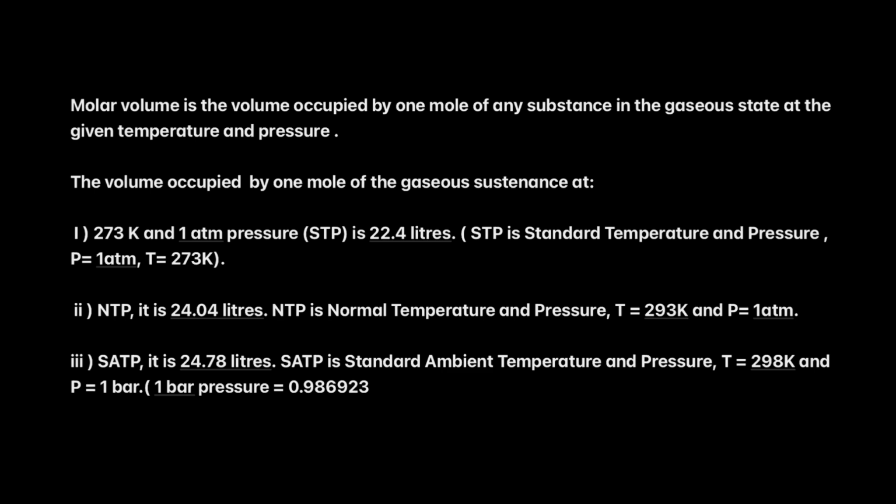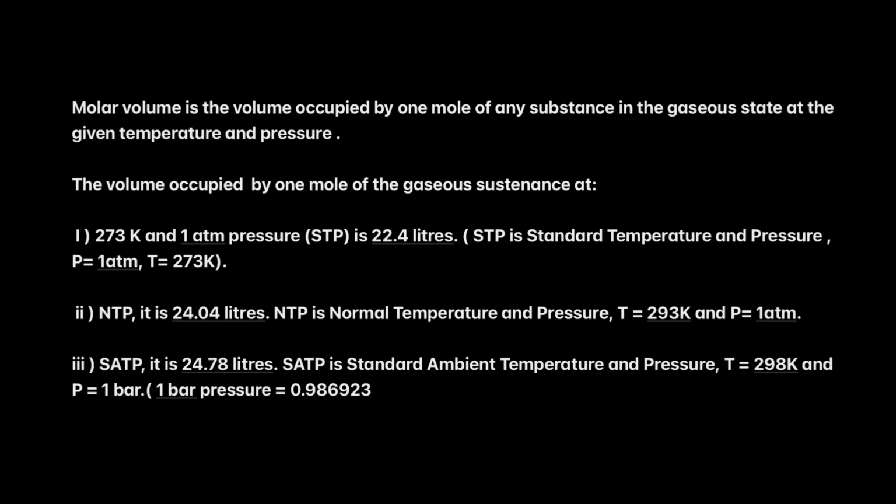The volume occupied by one mole of any substance in the gaseous state at STP is 22.4 liters. STP is the standard conditions of temperature and pressure, that is 0 degrees centigrade or 273 Kelvin and 1 atmosphere pressure. 0 degrees centigrade is exactly equal to 273.15 Kelvin. At NTP, it is 24.04 liters.